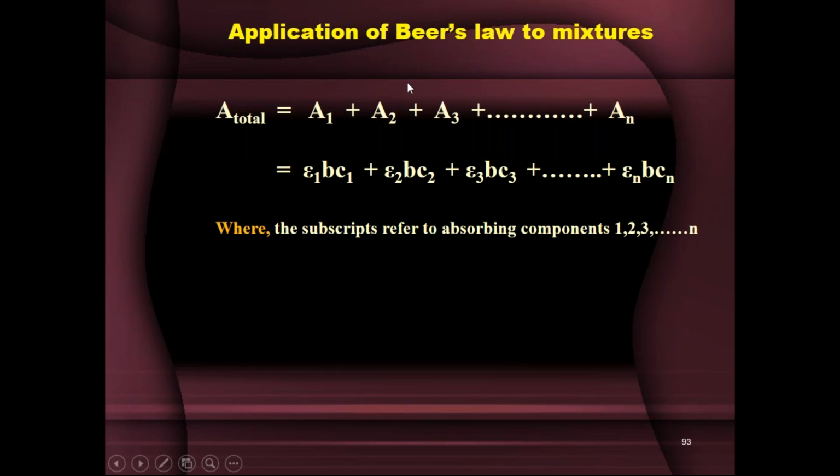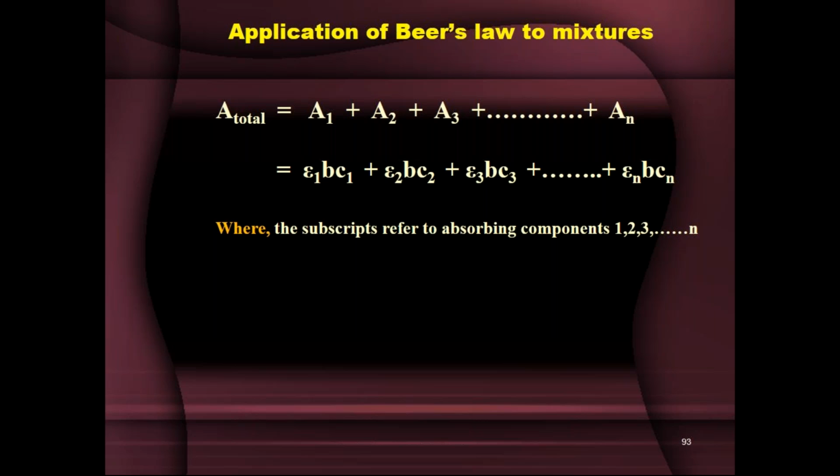Application of Beer's law to mixtures. So far what we saw, A equals abc or A equals epsilon bc, is for when you have a single substance in your solution. You measure the absorbance and you can find the concentration, because absorptivity, small a, or epsilon, molar absorptivity, both are characteristic of a substance.